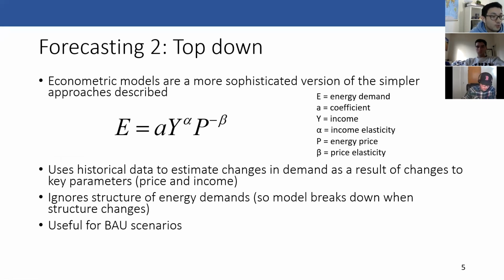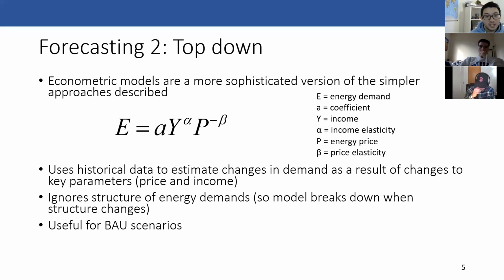Okay, and so we can continue to break this down. Econometric models are often more sophisticated versions of these simpler approaches. And so we're continuing to layer in a little bit of extra complexity into these models.